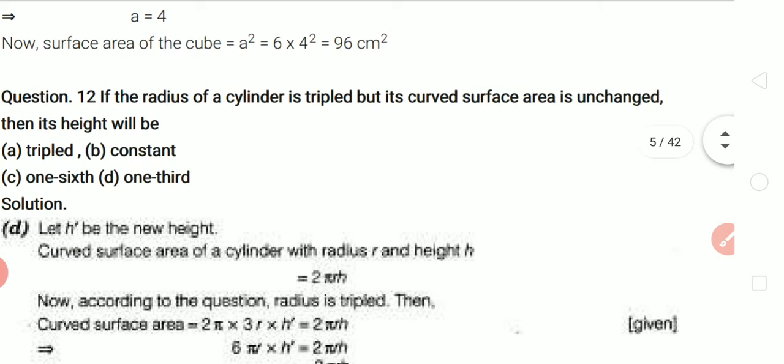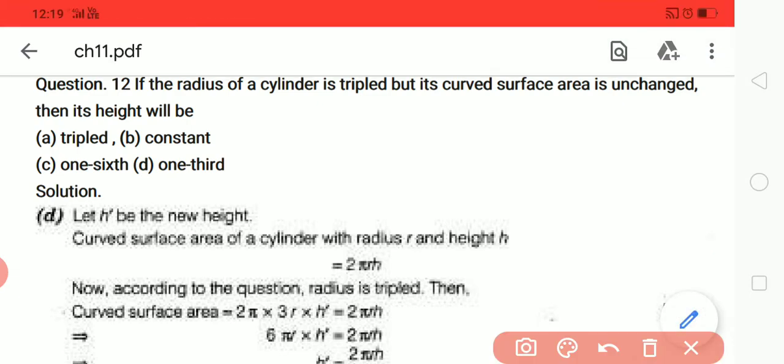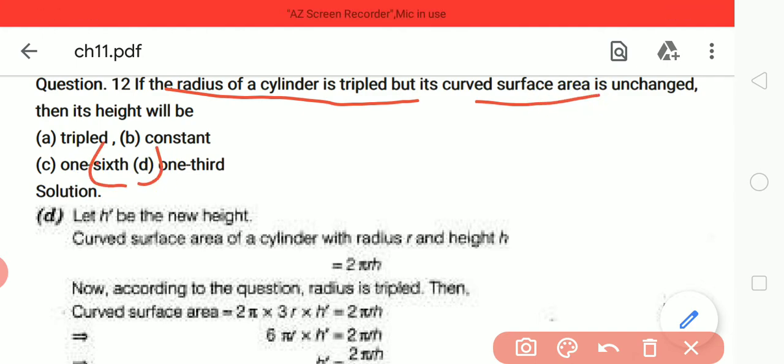Now come to the 12th question. The radius of the cylinder is tripled, but the curved surface area is unchanged, then the height will be. You know that the CSA of the cylinder is 2 pi rh.